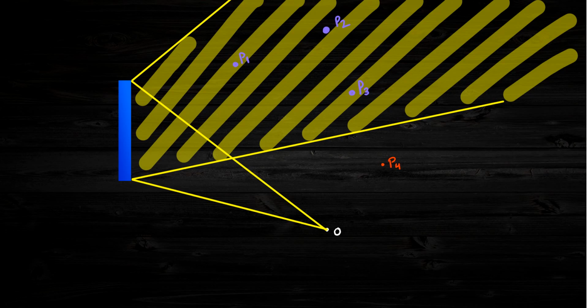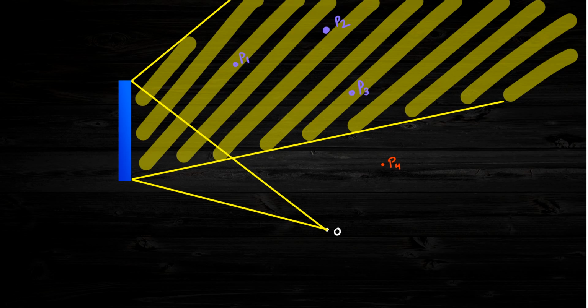So the observer O will not be able to see the image of the object P4 in this particular mirror as it is located as of now, in this current situation without changing anything. The observer O will not be able to see the image of the object located at point P4.